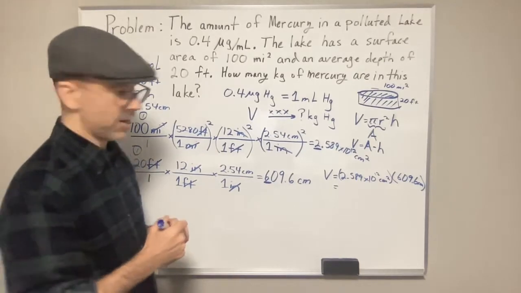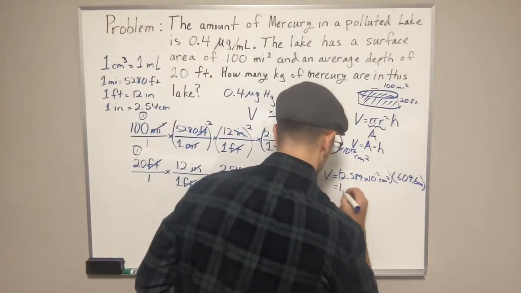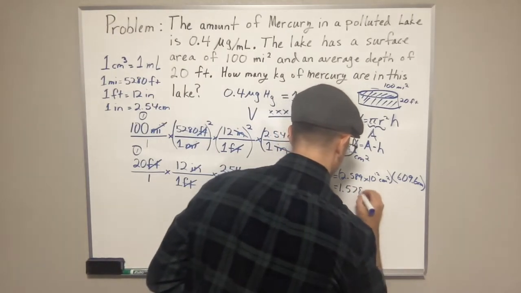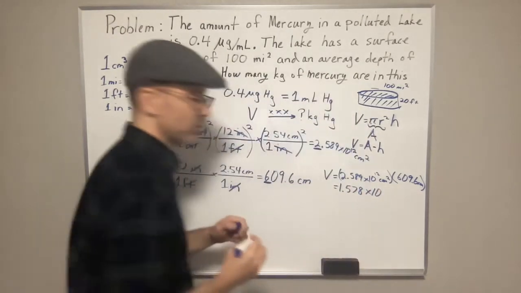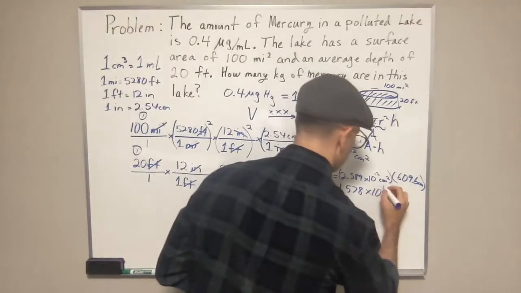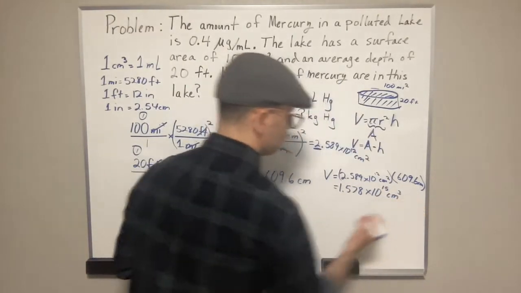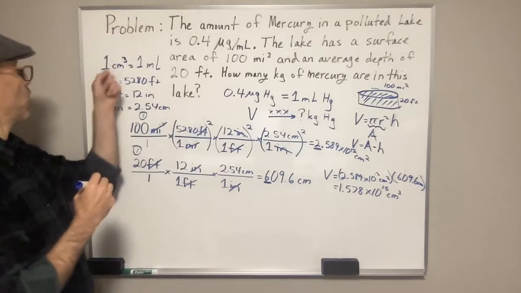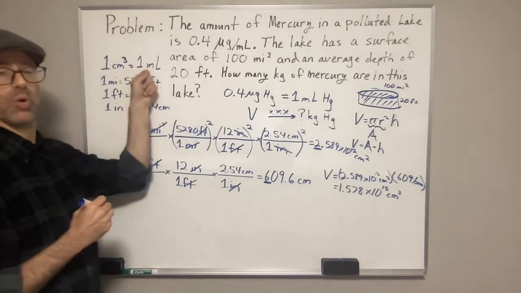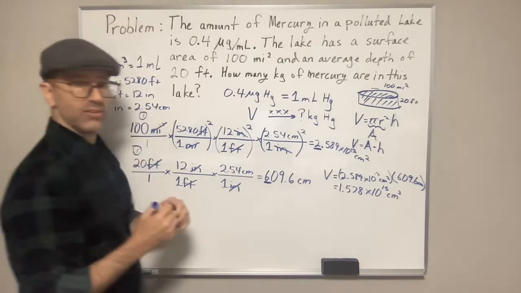So 1.578 times 10 to the 15. And that's going to be centimeters cubed. And remember, 1 centimeter cubed is equal to 1 milliliter. So that's the same as milliliters.